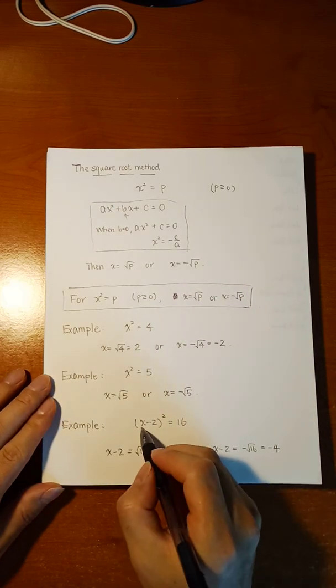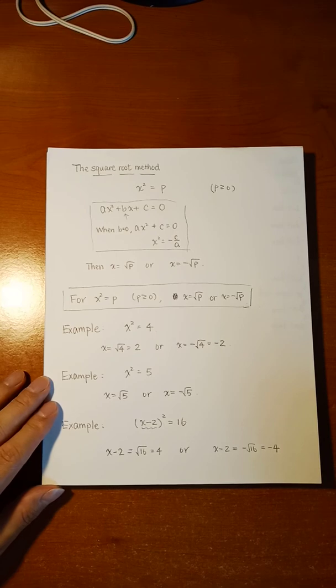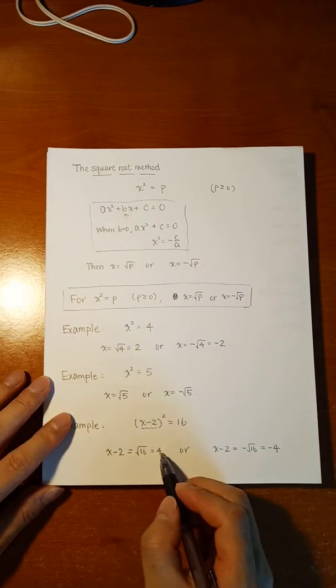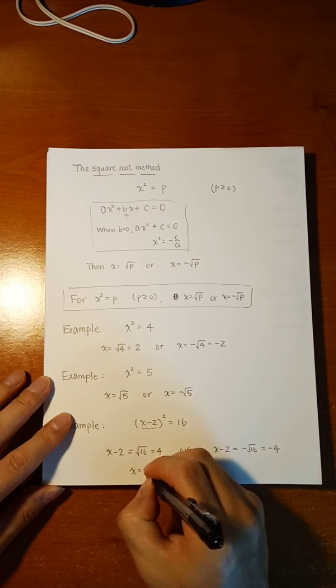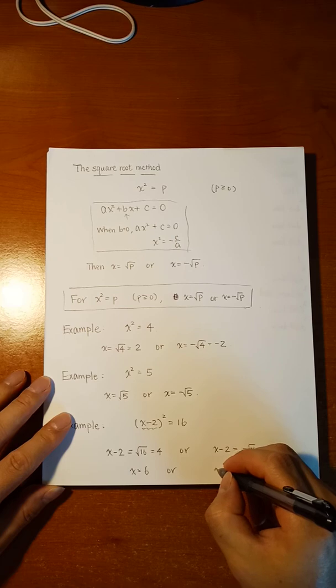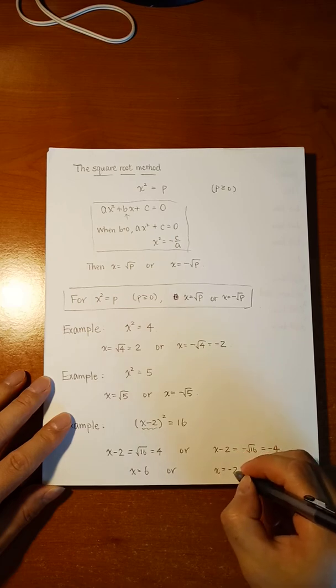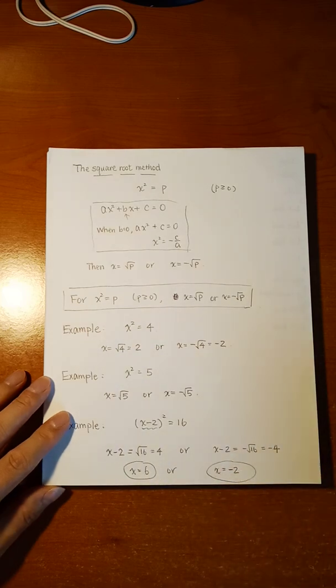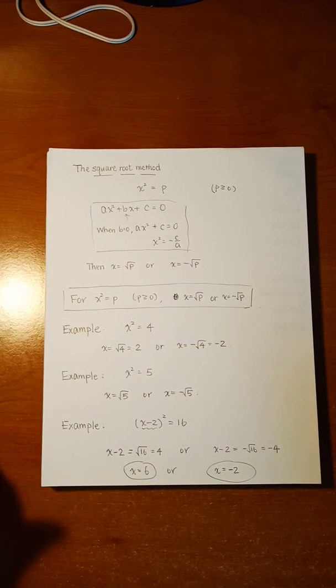So you just consider this whole thing as one quantity, and then you solve this linear equation. x minus 2 is 4, then x is 6. Or x minus 2 is negative 4, x is negative 2. So the solution set will be 6 and negative 2.